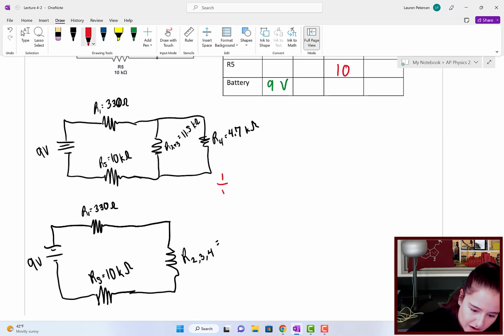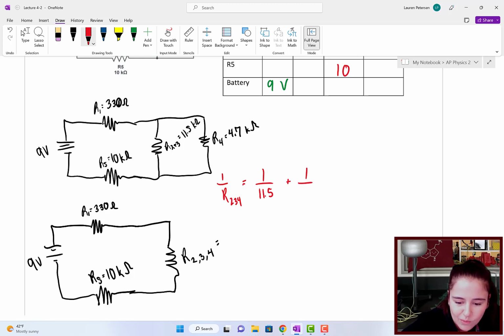So R234 equals 1 over 11.5, the R2 plus 3, plus 1 over 4.7. When we solve that out, we have 1 over 11.5 plus 1 over 4.7, and then I take the inverse of that to get 3.336.